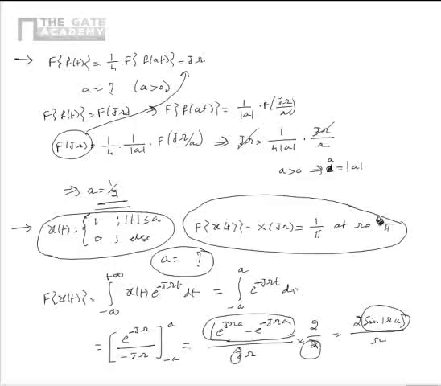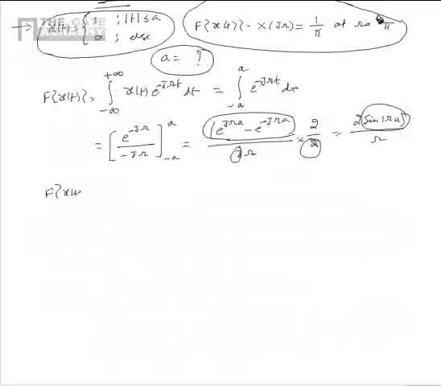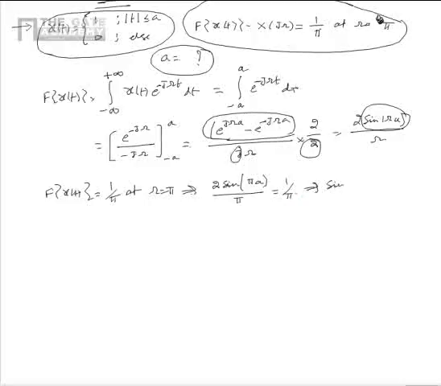But it is given that Fourier transform of x of t is equal to 1 by pi at omega equal to pi. So upon substitution, this can be written as 2 times sine of pi a divided by pi is equal to 1 by pi. So from this we can write that sine of pi a is equal to half.